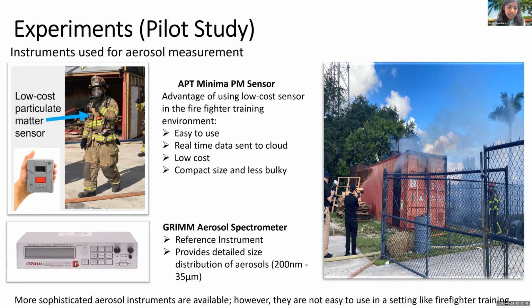There are more sophisticated aerosol instruments available. However, they are not easy to use in a setting like firefighter training. However, we could do a much more detailed study in a lab environment for such a scenario.